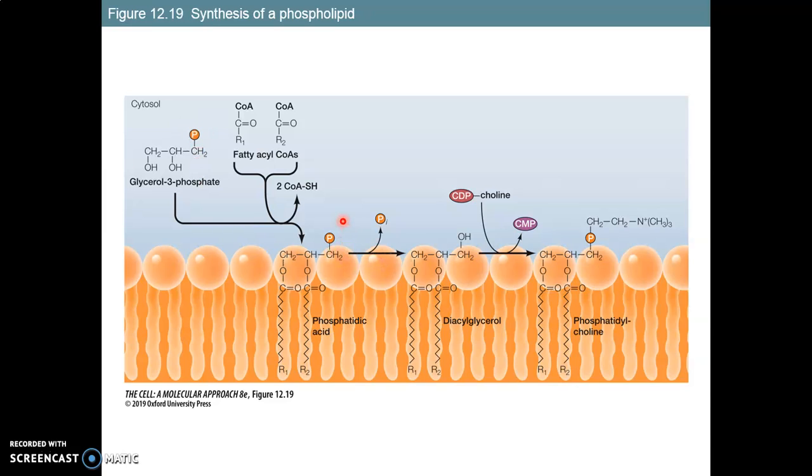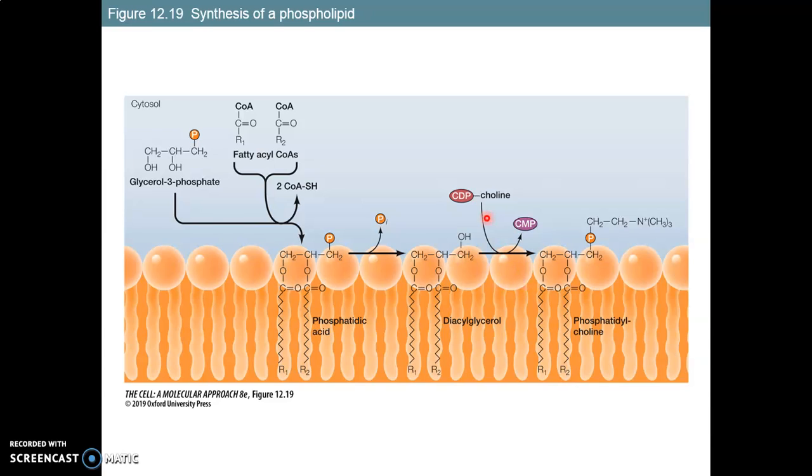First thing that happens is that phosphate is hydrolyzed off, and so now we have diacylglycerol. And this is the foundation for all of our various phospholipids in our membranes. At this point, this can be acted on by one of several different enzymes.